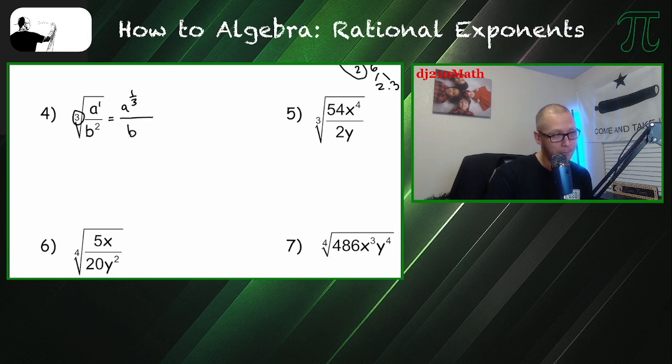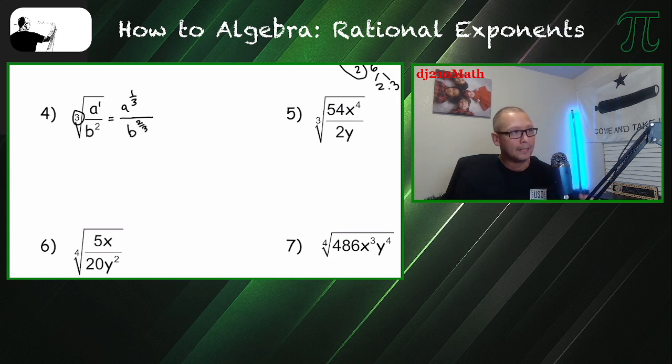The denominator will be b to the 2/3 power. So we don't want radicals in the denominator of a fraction. We know that. Since we can represent any radical as an exponent, we don't want any rational exponents in the denominator of a fraction.